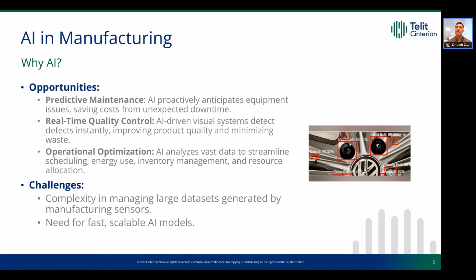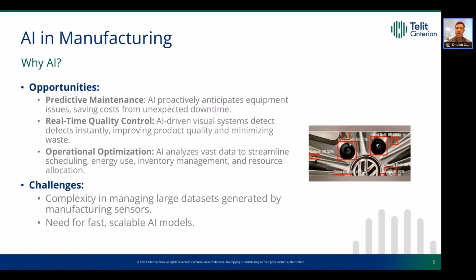So AI can predict or detect those and offer suggestions of what to do and how to handle the flow to make it much more efficient. As it says, AI analyzes vast data to streamline scheduling, energy use, inventory management, and resource allocation. Again, making the factory much, much more efficient.